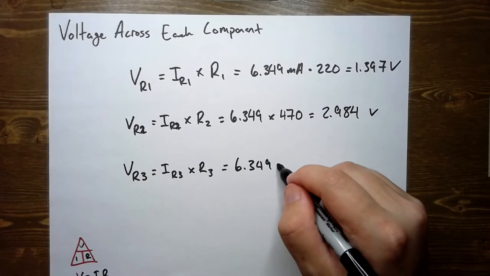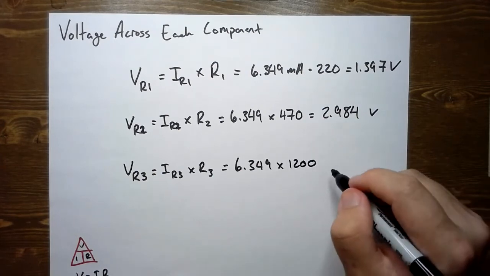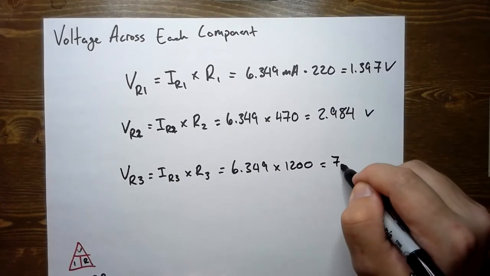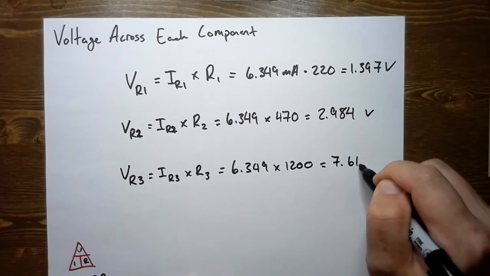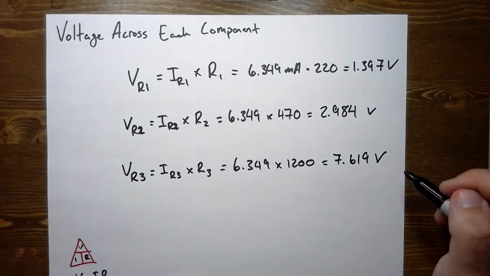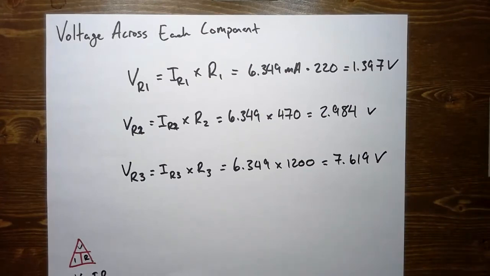This time it is times 1200, which is equal to 7.619 volts.